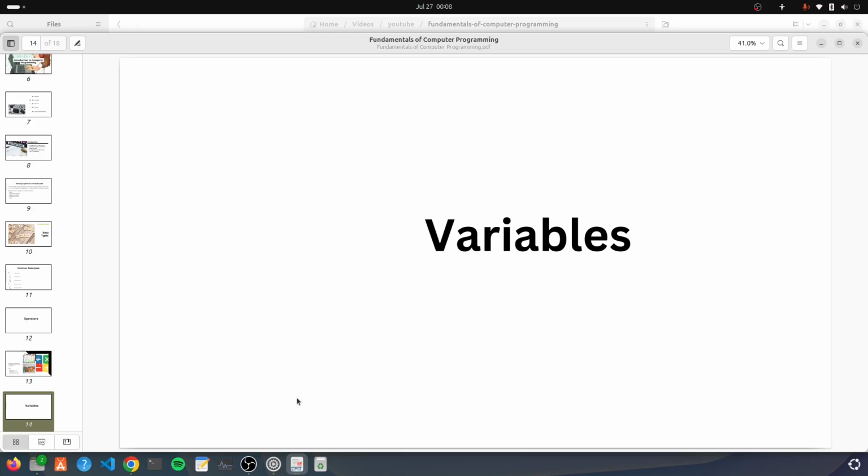So for instance, if you are writing a program that takes the details of a user, such as first name, last name, age, current school, parent, they will all be stored in what we call a variable, and these variables are stored in the computer system.